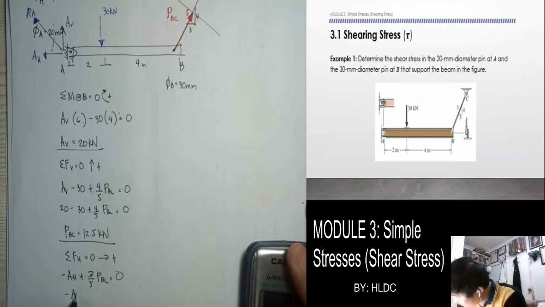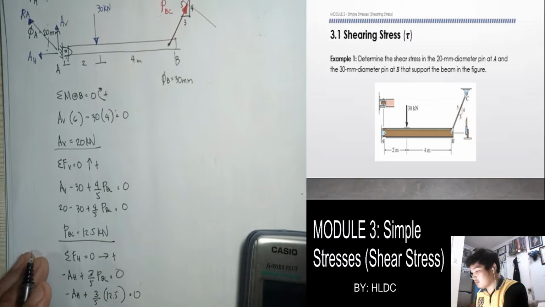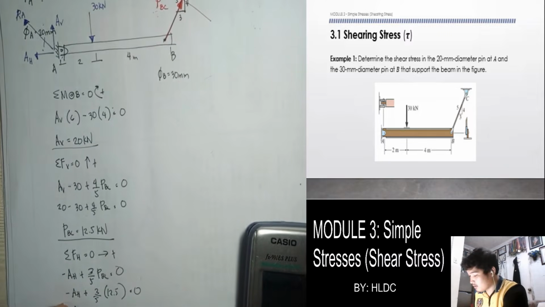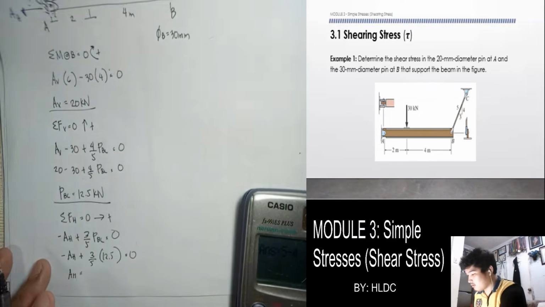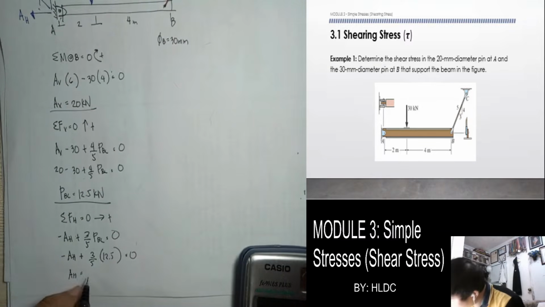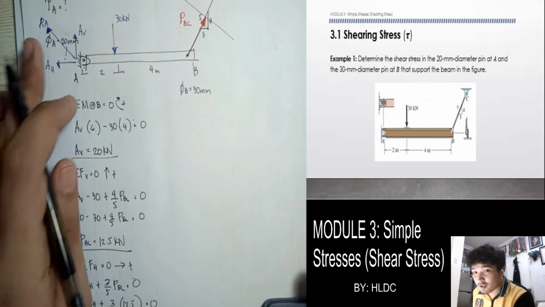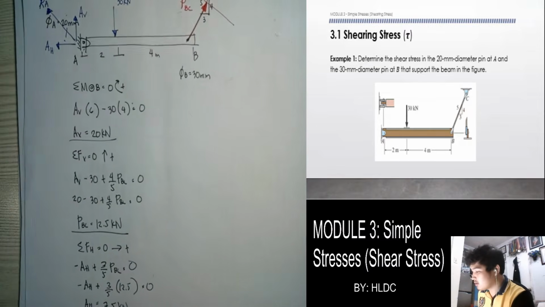So negative AH plus 3/5 na 12.5 equals 0. So ilan ang AH naman? AH equals 7.5 kilonewtons. So masasolve ko na class yung reaction at A using yung mga values na yan.